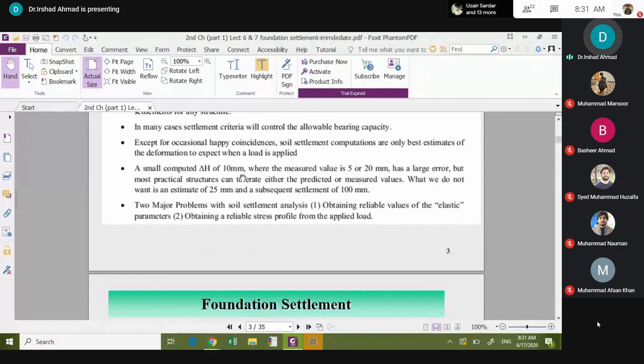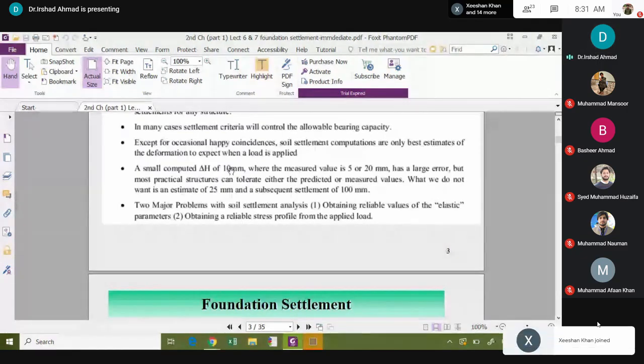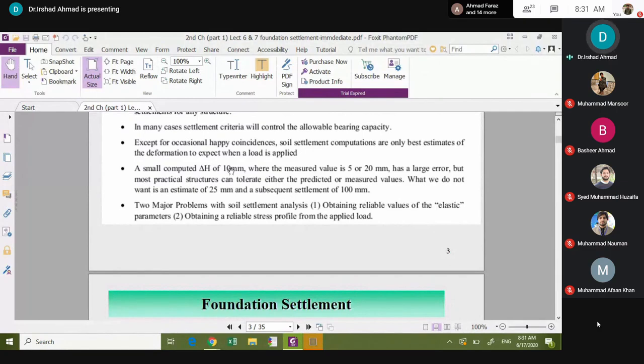But if you calculated 100 mm and the real settlement is 10 mm, then that's a problem. So the first important thing is that settlement usually governs the geotechnical design of the foundation. The second thing is that there are many uncertainties in settlement calculation, so it is just a best estimate.